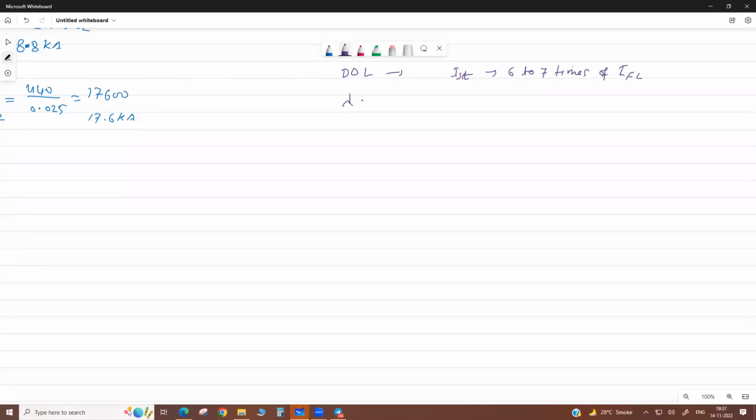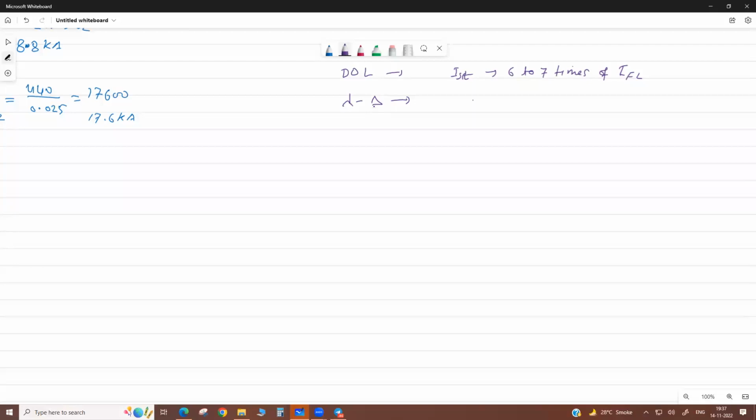Star delta: the starting current is reduced by √3 because in starting we connect the motor in star, then it will transfer to delta. Now in automatic it is done by a time delay relay.